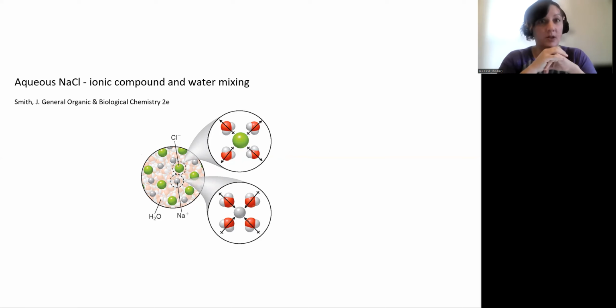So the situation where you actually form a solution with an ionic compound, it means that the ionic bonds between your cation and the anion have broken apart and been replaced with intermolecular force attractions between the solvent and the ions. And this picture is trying to demonstrate that. So unlike what we just saw before, which was two covalent molecules, this is an ionic compound and a covalent compound mixing together.